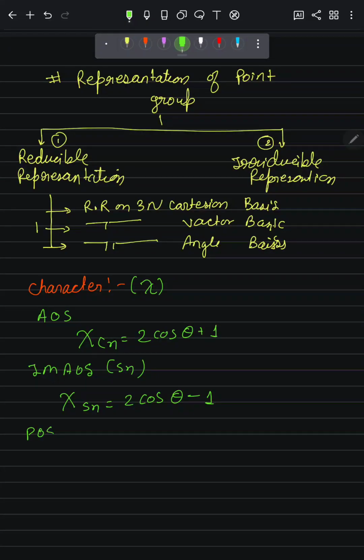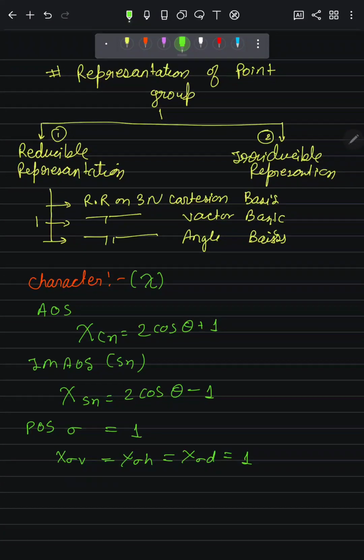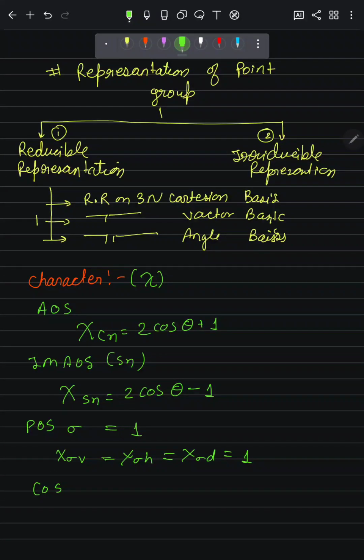For plane of symmetry, or sigma, the character will be 1, for every plane, sigma vertical, sigma horizontal, and sigma d, it is 1 for all planes of symmetry. And for center of symmetry or inversion, the character of i is equal to -3.